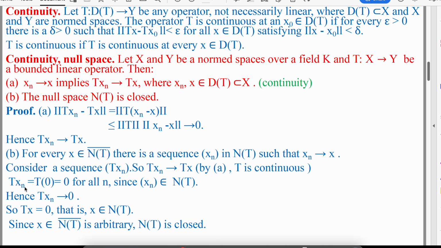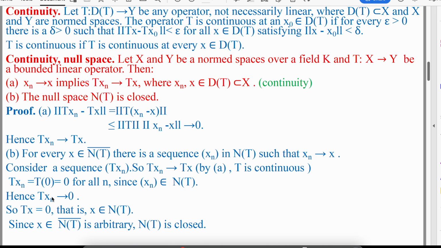So Txn is equal to T of 0, and T of 0 means 0 for all n, because xn belongs to null space of T. By the definition of null space, it means Txn tends to 0. Here we have written Txn tends to Tx, and here we have written Txn tends to 0.